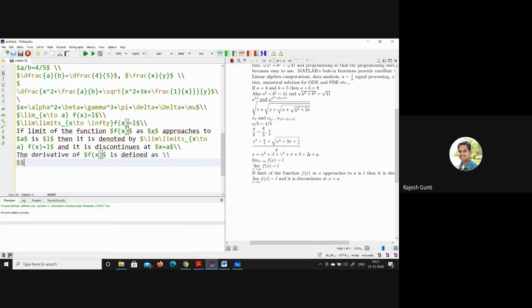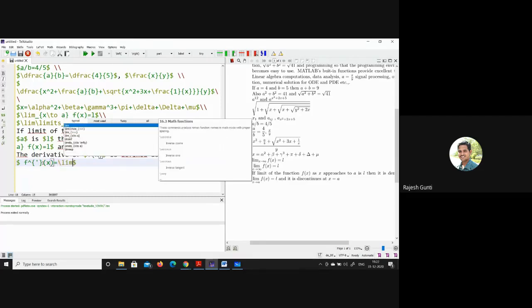And the dollar symbol in between, where do you type the dollar symbol? How to bring this f dash? F cap. There is a dash symbol on the left side. F dash x.